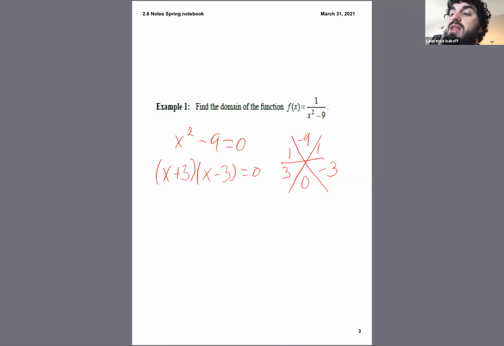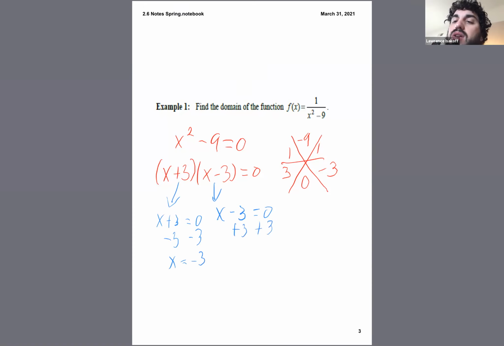So now we can split this, and it solves x plus 3 equals 0, x minus 3 equals 0. Subtract, x equals -3, and x equals +3.